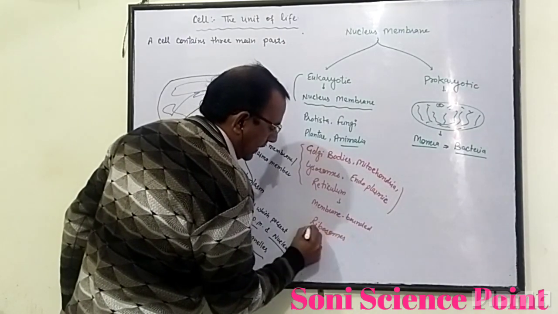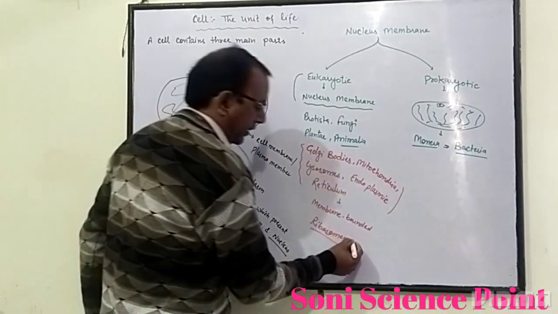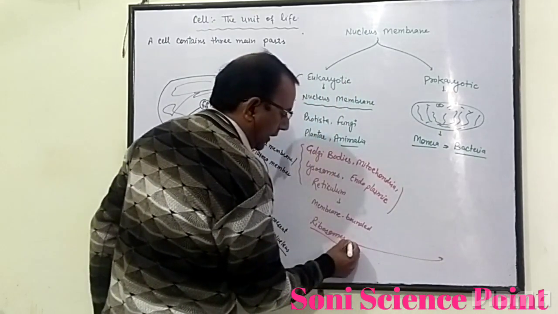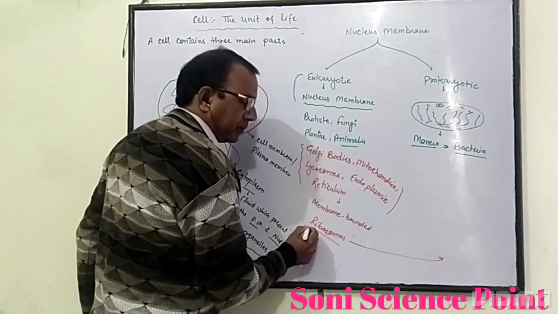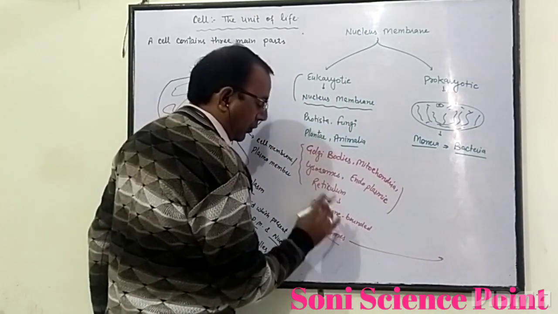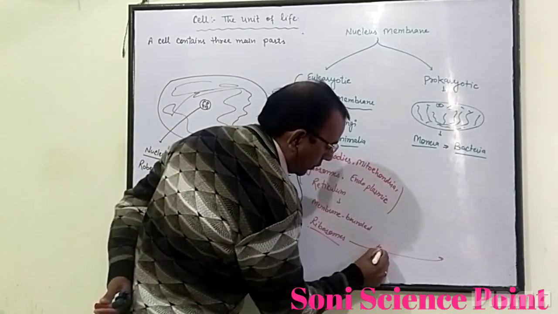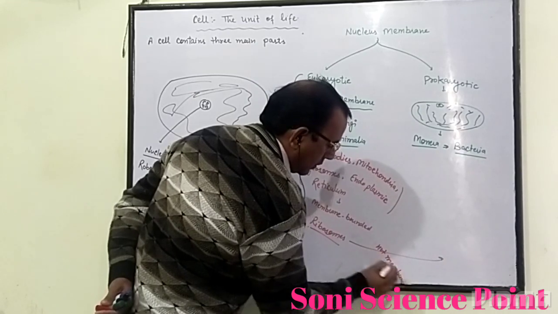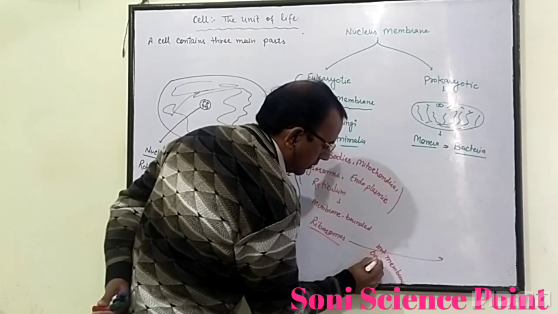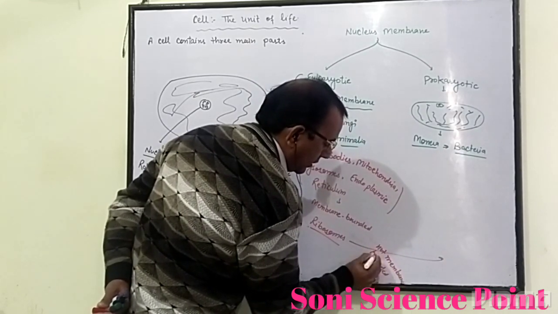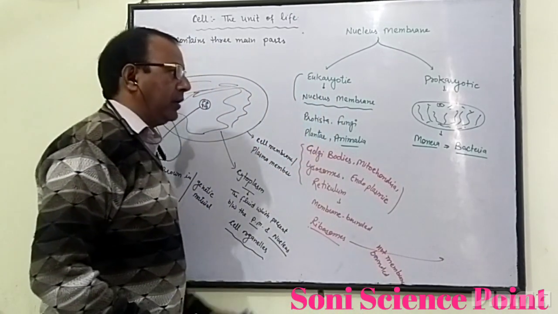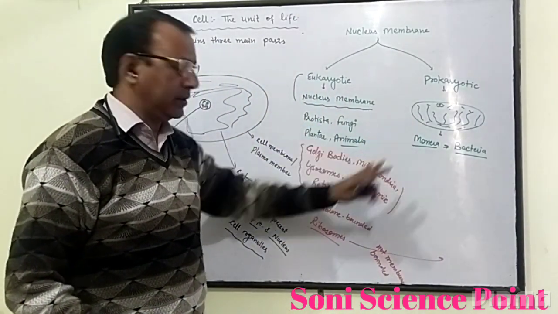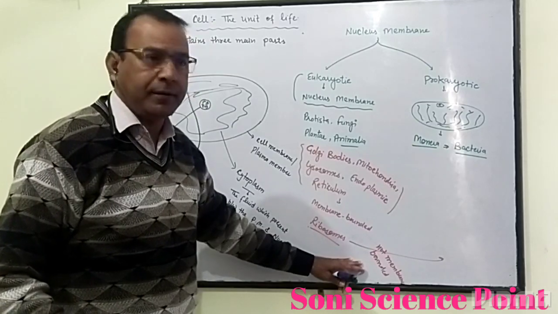Ribosome, whether the cell is eukaryotic or prokaryotic, in both it is not bounded by membrane. This is the single cell organelle which is found in eukaryotic or prokaryotic organisms without being covered by membrane.